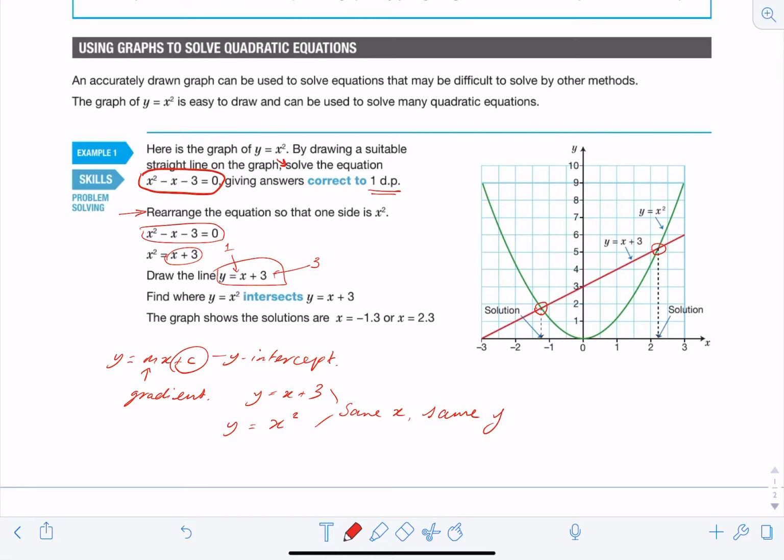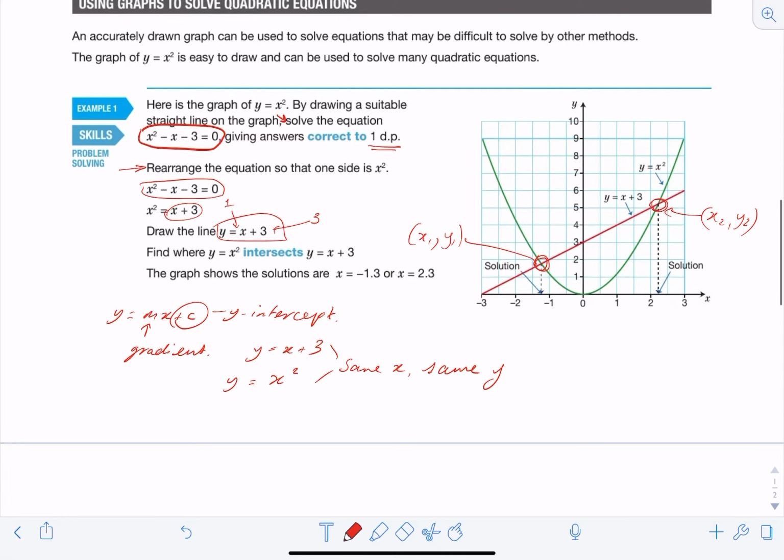And that makes sense because those 2 points where the lines meet have coordinates, call them x1, y1 and x2, y2, and the x coordinate is the solution.